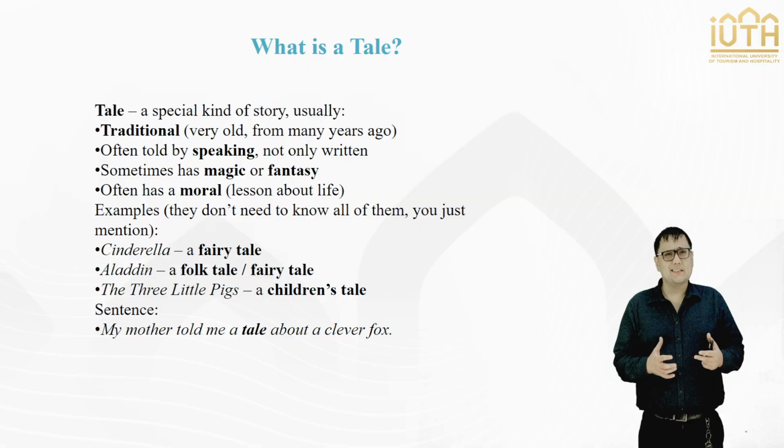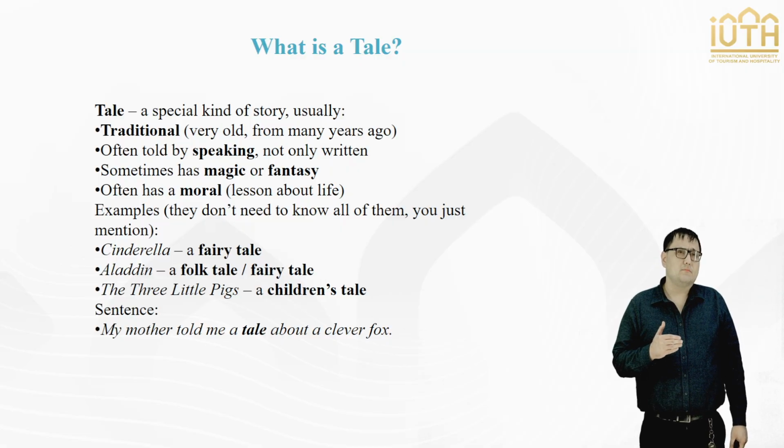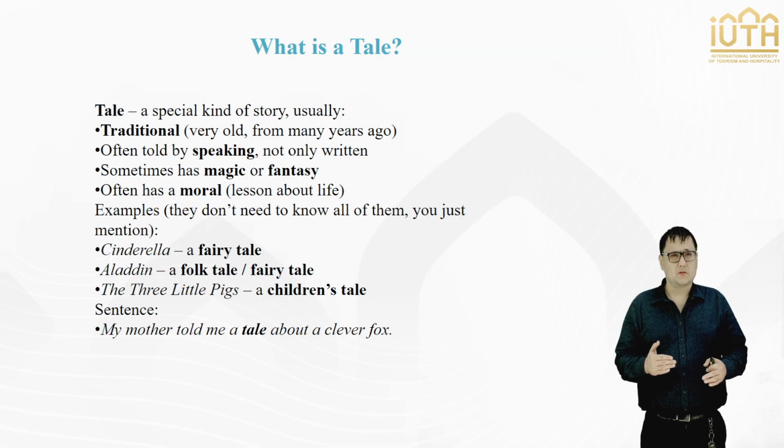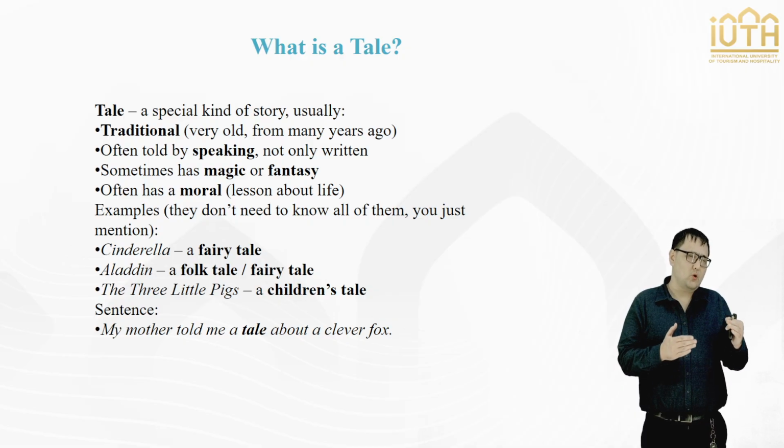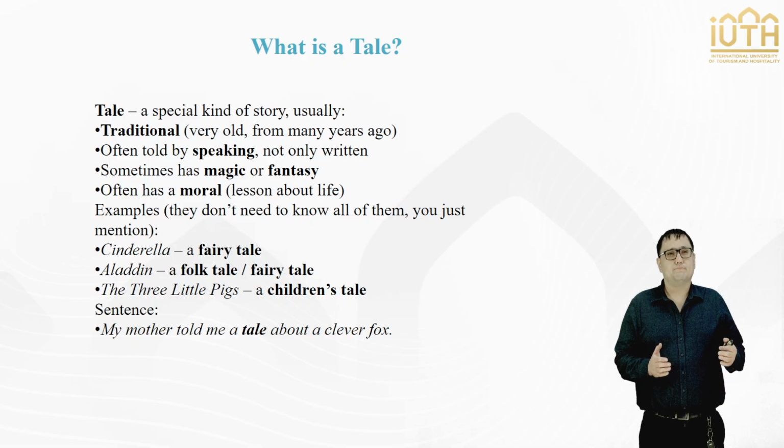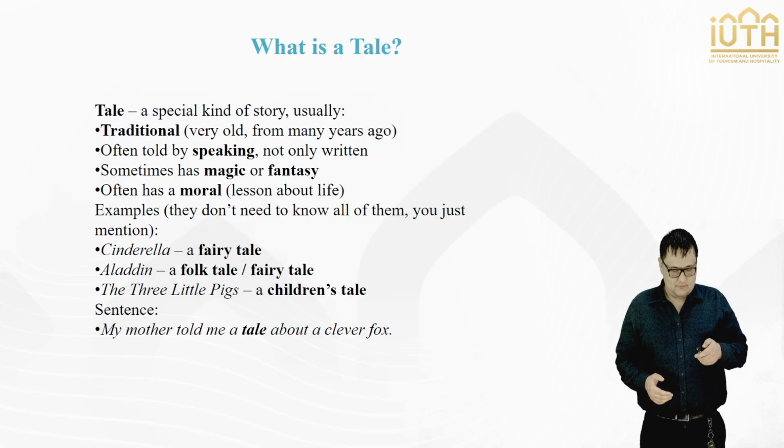For example, the listener may be a child, and the tale may aim to teach about positive characteristics which a particular child must have in the future: to be polite, to be a good person, to help older ones, to be friendly. Such characteristics may be taught by a tale. So examples are Cinderella and Aladdin.